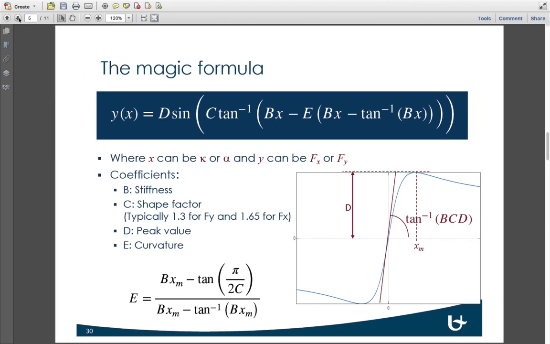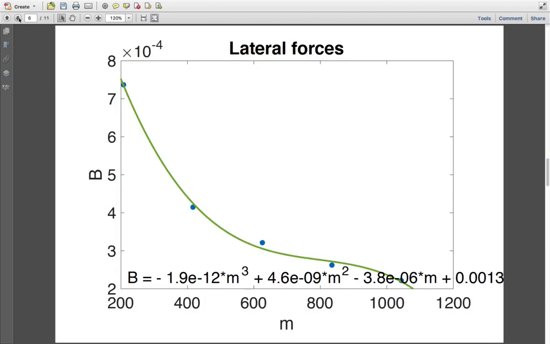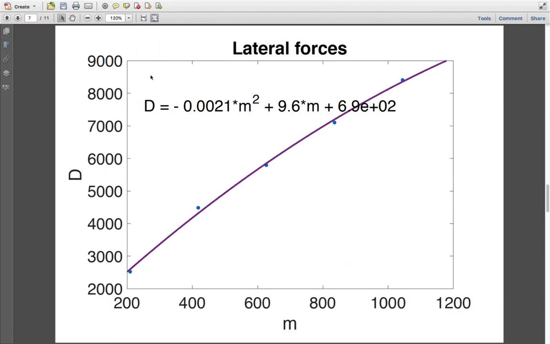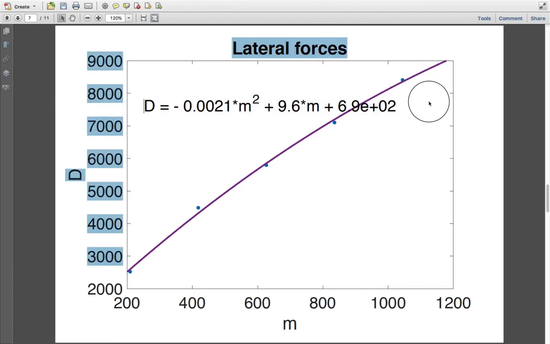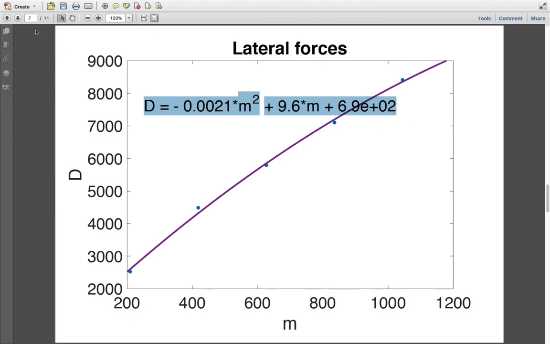Alright, I've just done so. I've done so for B, for the lateral force, as a function of the mass, and then I get this equation, a third order equation. I've already also done so for D with the lateral force. I get this equation, second order.